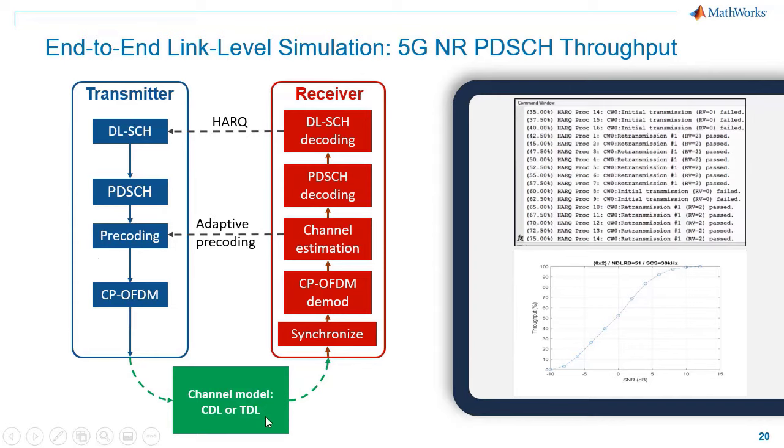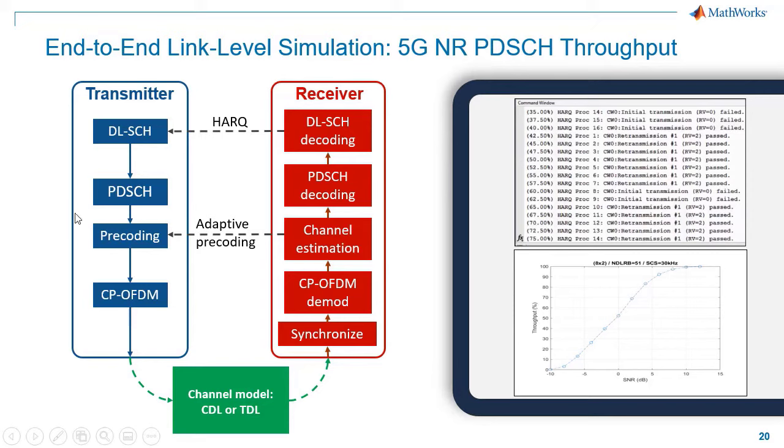The channel modeling for 5G, we have CDL or cluster delay line, or TDL, traditional channel models, and also receiver operations, starting with synchronization using the primary synchronization signal, secondary synchronization signal, and all the other building blocks to go all the way to recover bits.